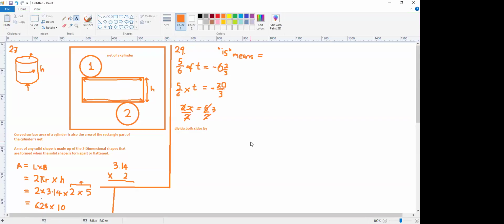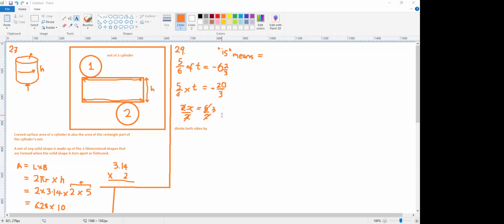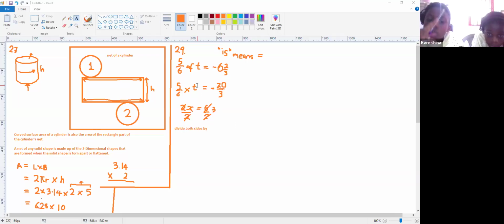No. Where did you get 3 from? I asked you a question. When we had 2x equals 6, we divided both sides by 2. Why? Because it was 2 that was multiplying what we're looking for, isn't it? In this other question, what are we looking for? Is it not t we're looking for?